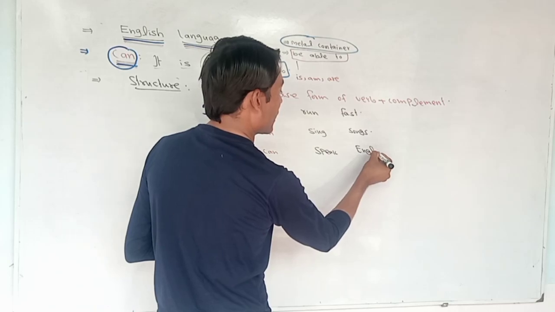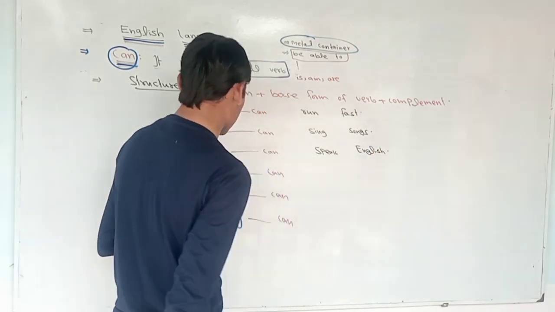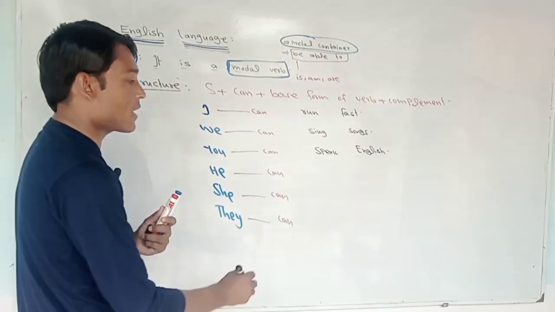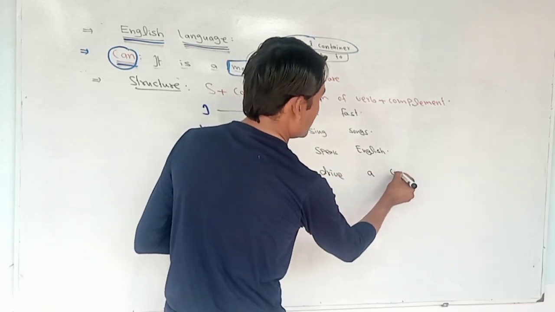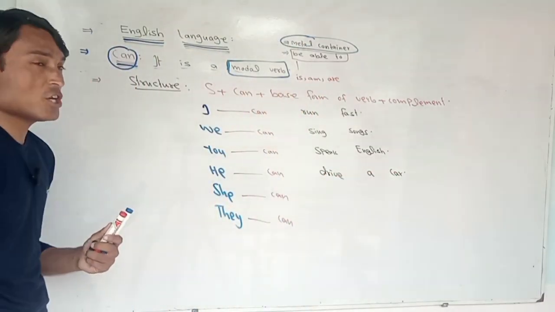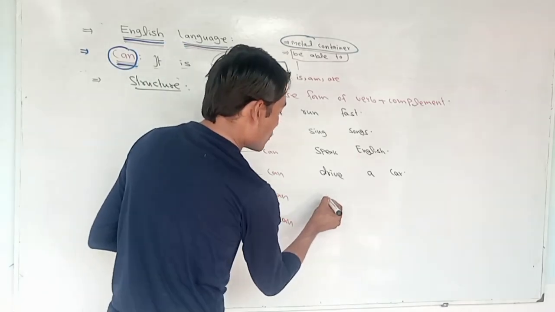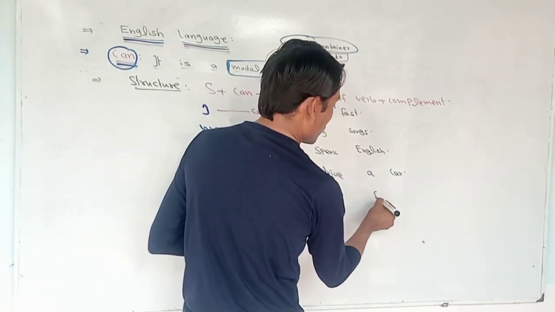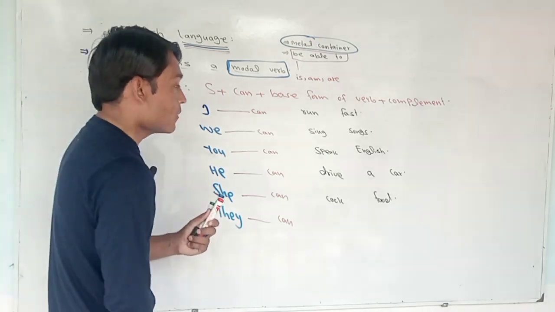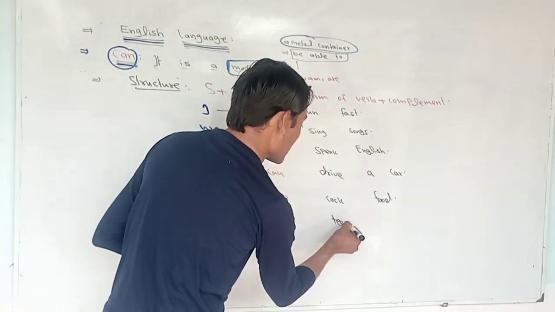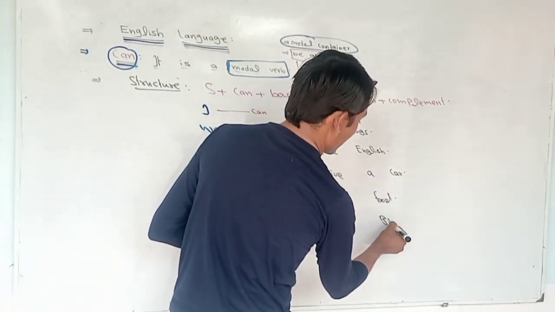Next, he can drive a car. Instead, you can also say she can cook food. And next, they can teach biology, or we can say bio.